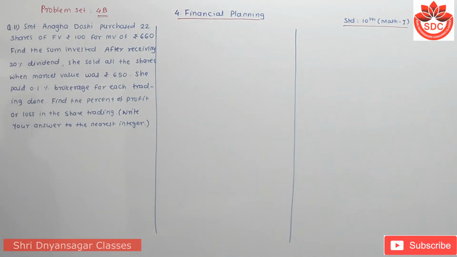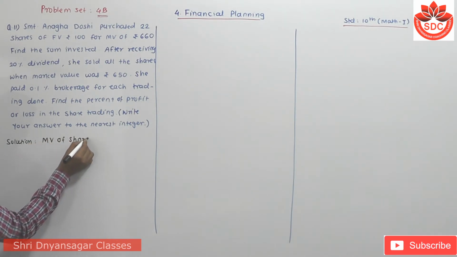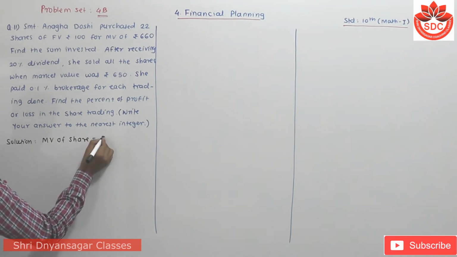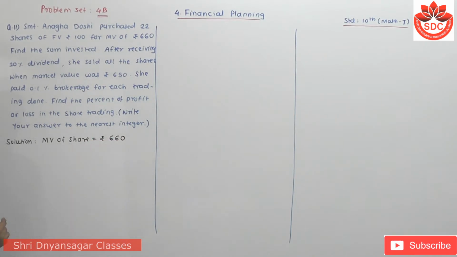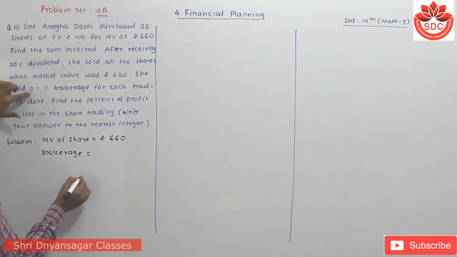Now look carefully. Solution of such question. Here the market value of the share is how much? Face value is 100 rupees and the market value is 660 rupees. So MV of share is equal to rupees 660. The brokerage is 0.1%.